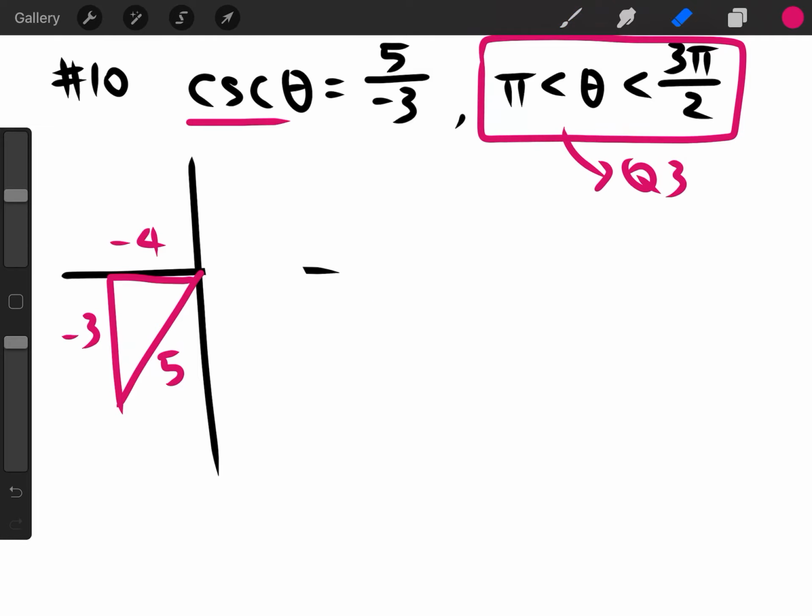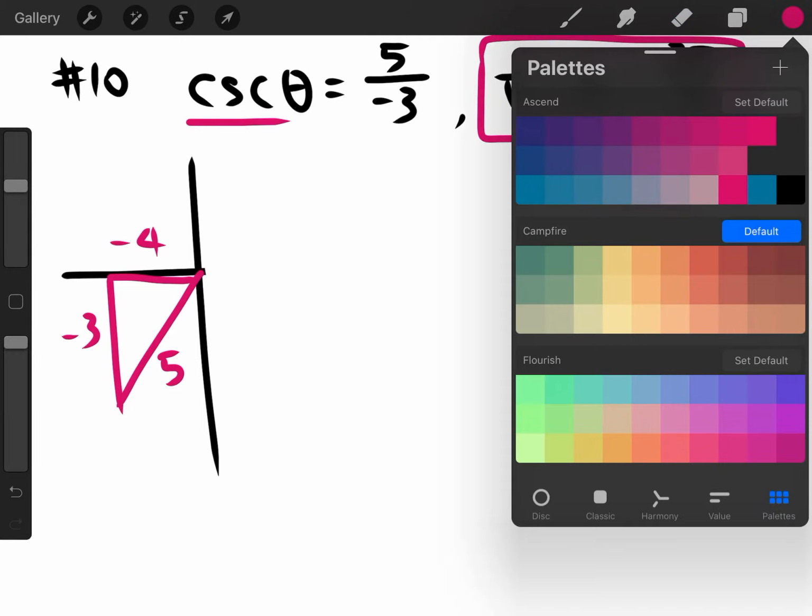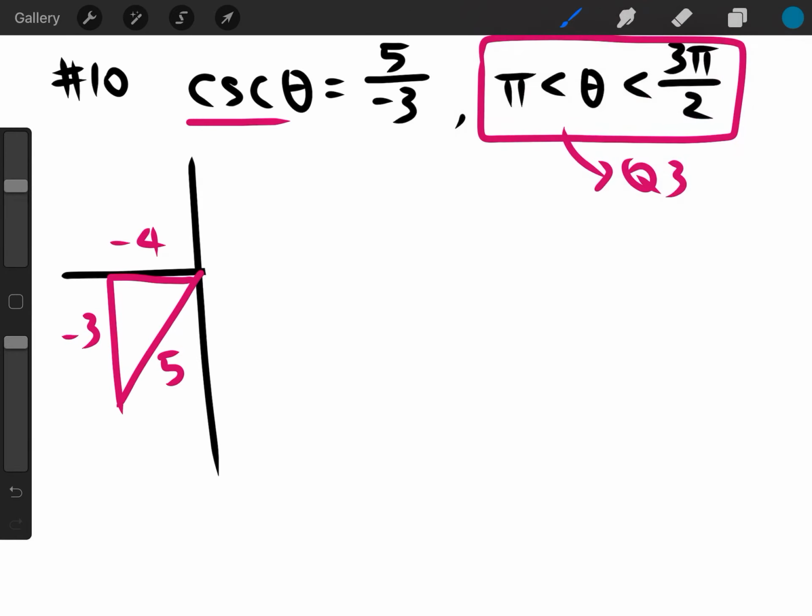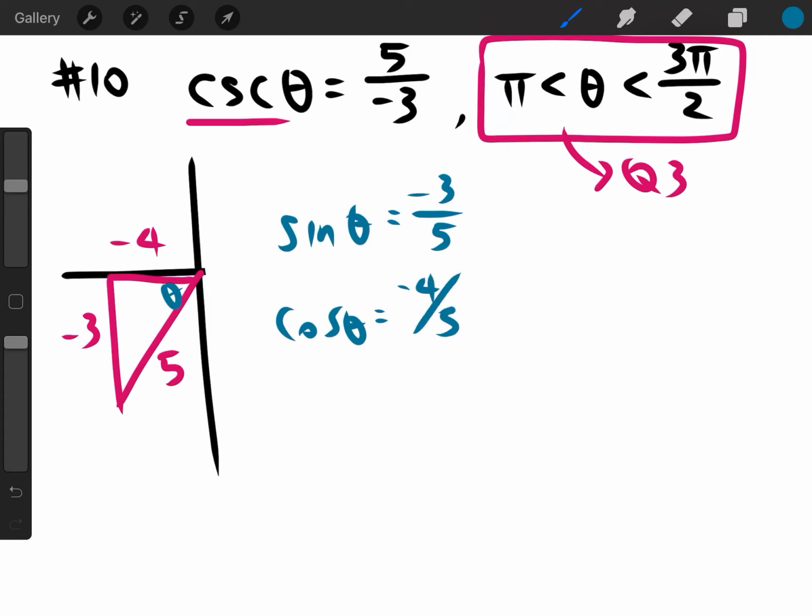Okay, so let's go ahead and write the other 5 trig functions. Sine theta, this is theta right here. Sine is going to be opposite over hypotenuse. Cosine theta is going to be adjacent over hypotenuse.